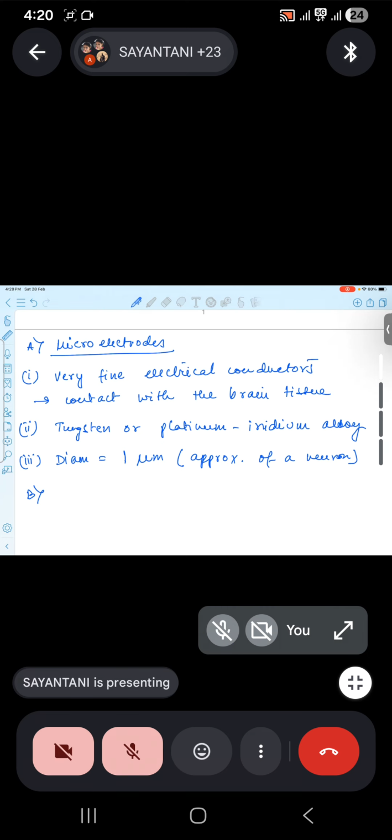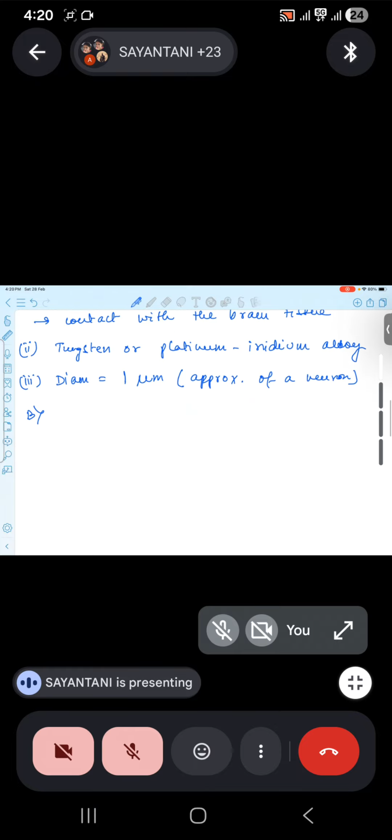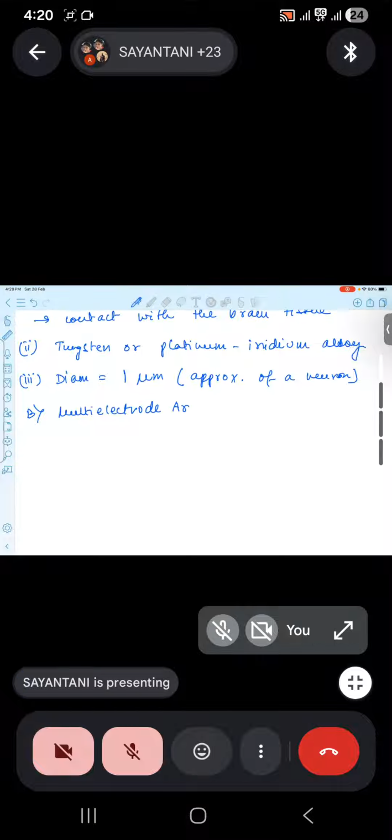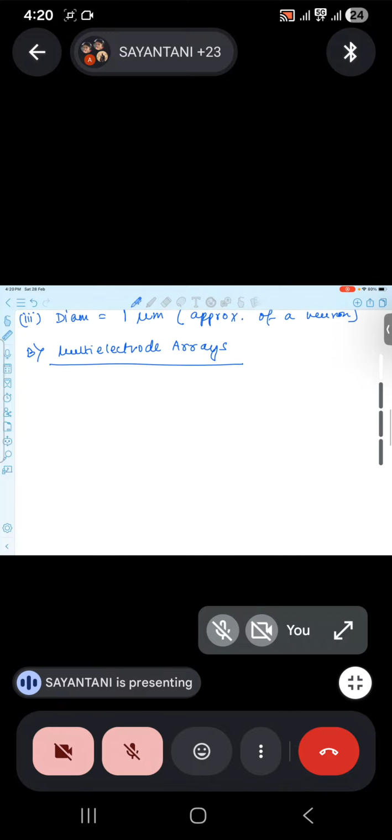Okay. Now, the second category, using the same concept of microelectrodes, is what we refer to as multi-electrode arrays. So, what are these multi-electrode arrays?